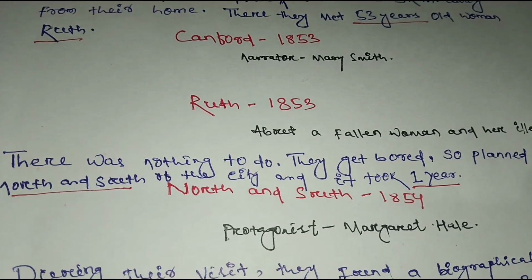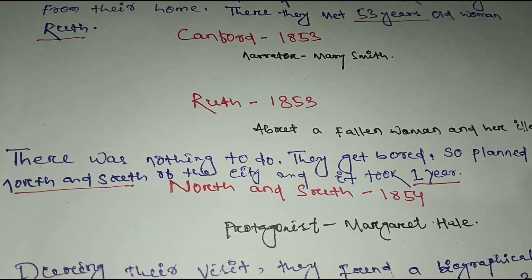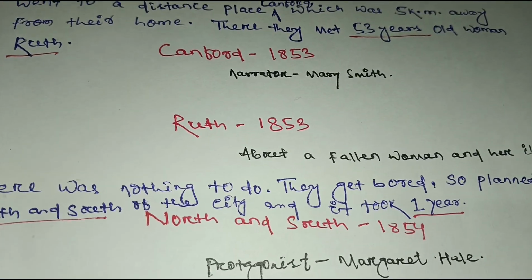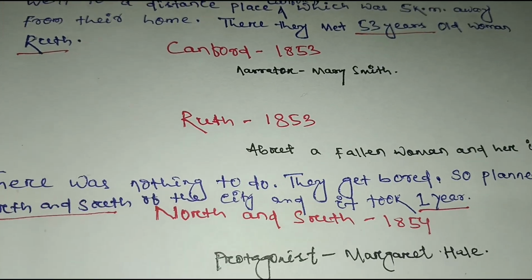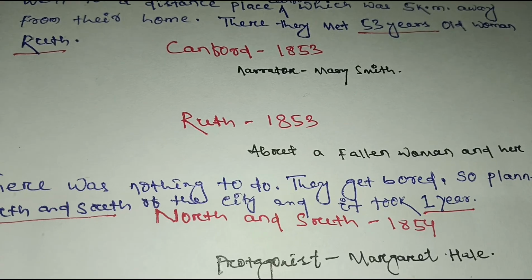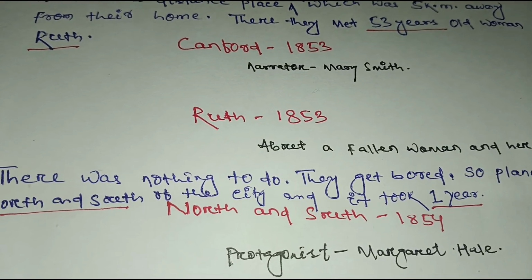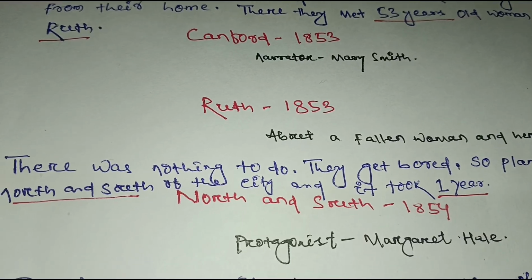Why have I mentioned 1 year? In 1853 we have two novels, and we add one: 1853 plus 1 is 1854, and North and South became 1854.